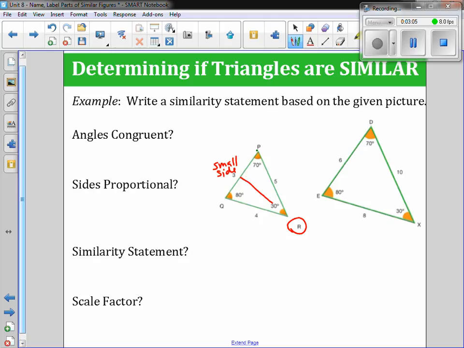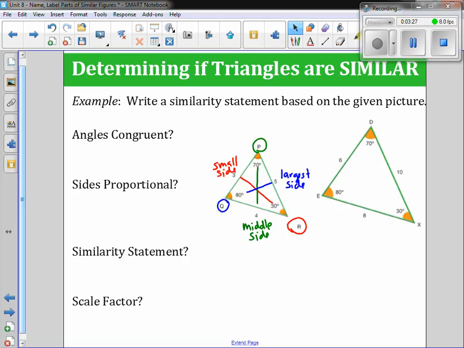Since angle P is the middle angle measure of our triangle, it is across from my middle value of my triangle, which leaves angle Q to be across from the largest side because it is the largest angle.